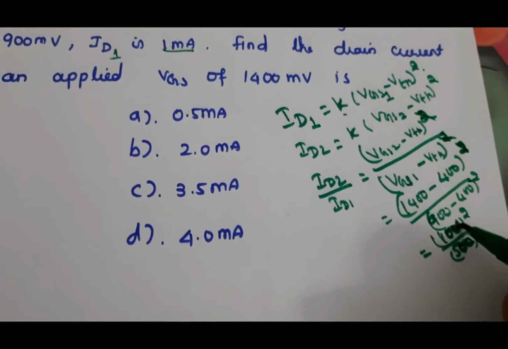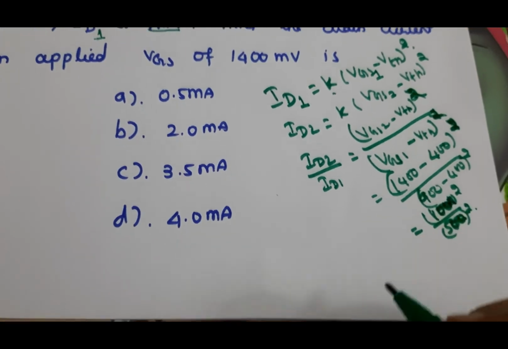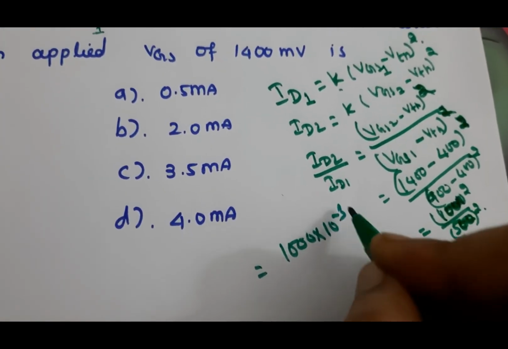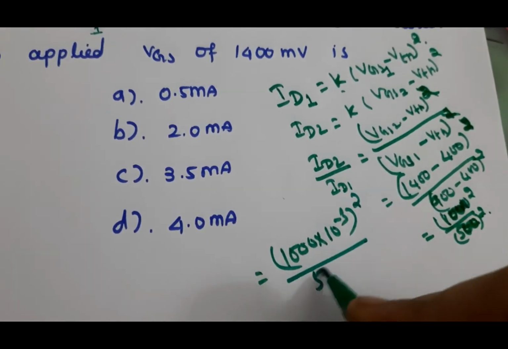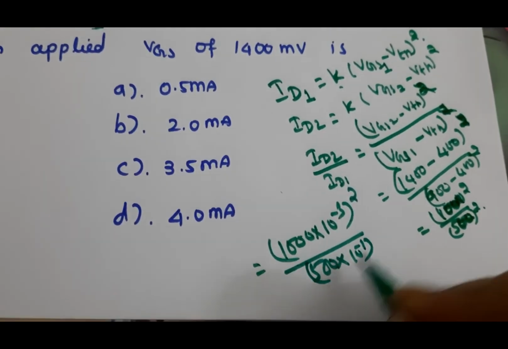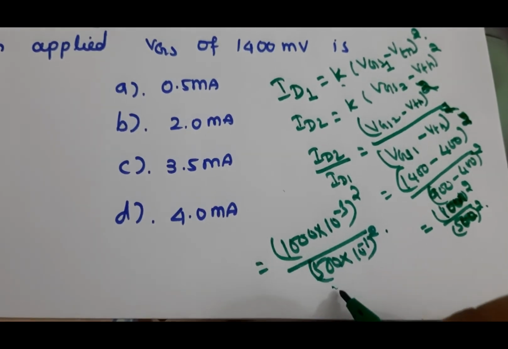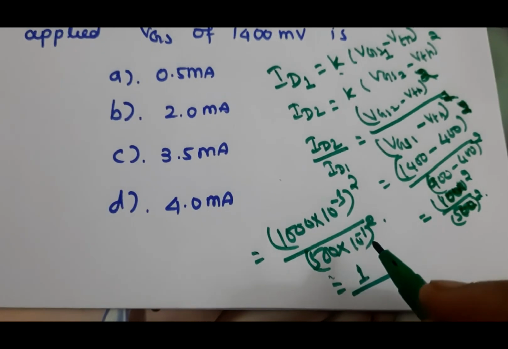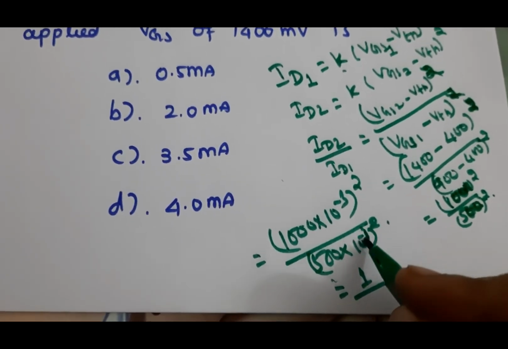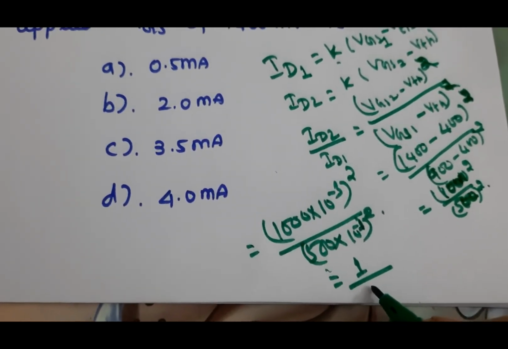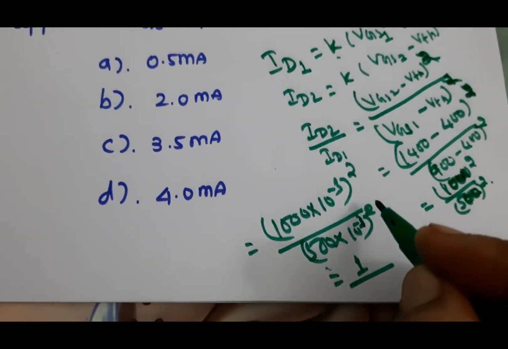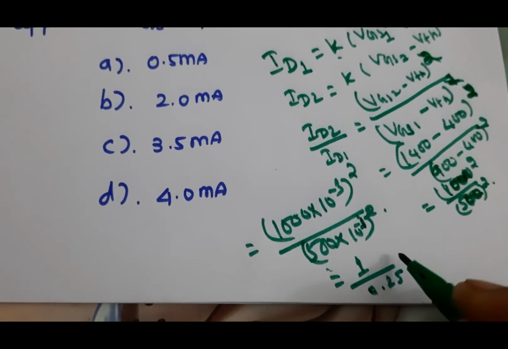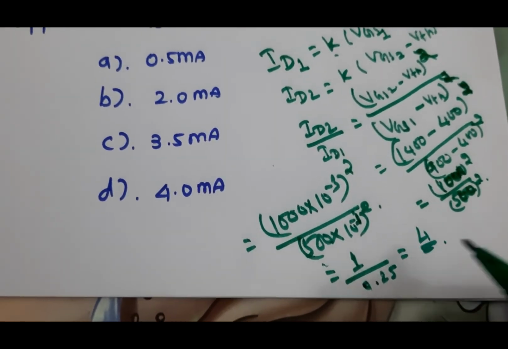So this is 1000 and this is 500. That is 1000 times 10 to the power minus 3, the whole square, divided by 500 times 10 to the power minus 3, the whole square. That gives 0.5, the whole square, which is equal to 0.25, so the ratio is 4.